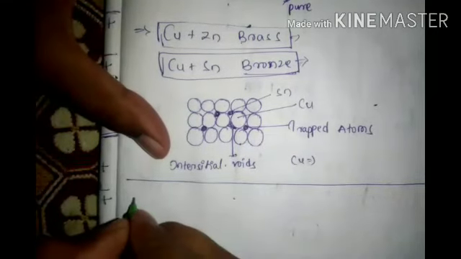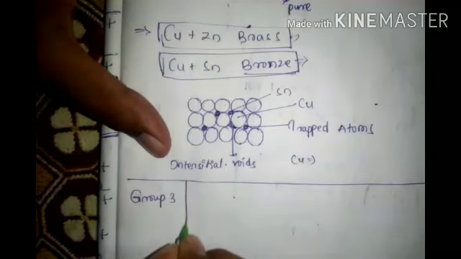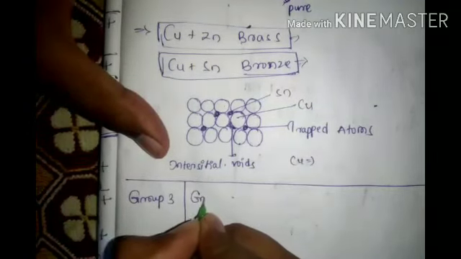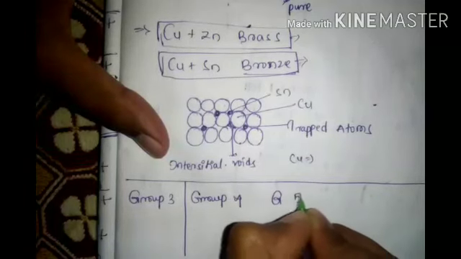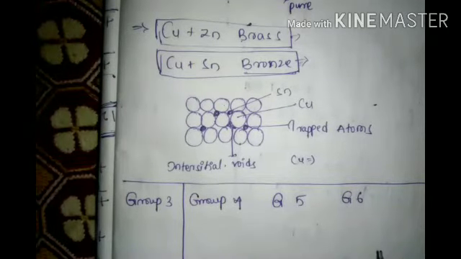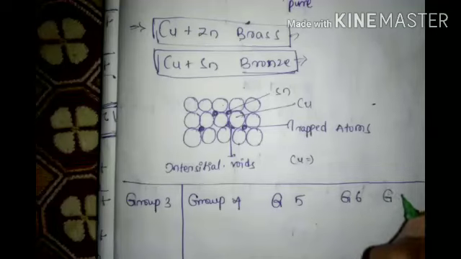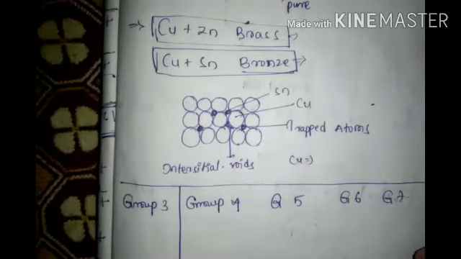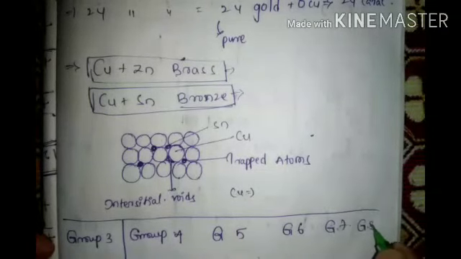What are they? Group 3, Group 4, Group 5, Group 6, Group 7, and last Group 8, 9, 10.